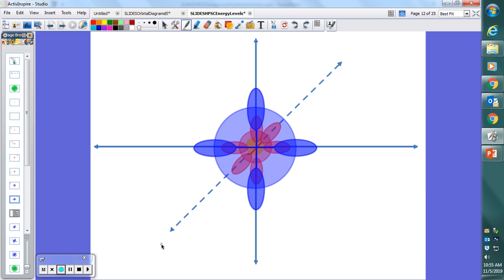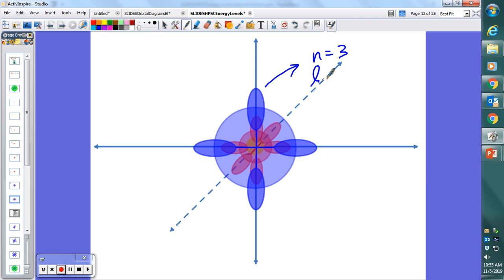Okay. So that means this one, it's blue. What does that mean about its principal quantum number? 3. n equals 3. What shape is it? It's an hourglass. That means it's what kind of an orbital? A p orbital.